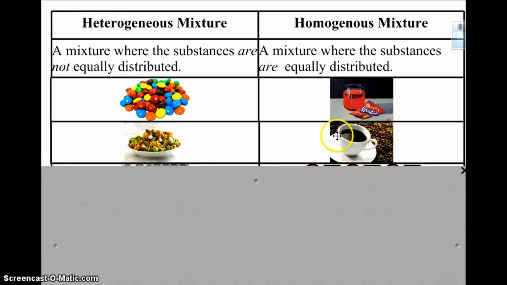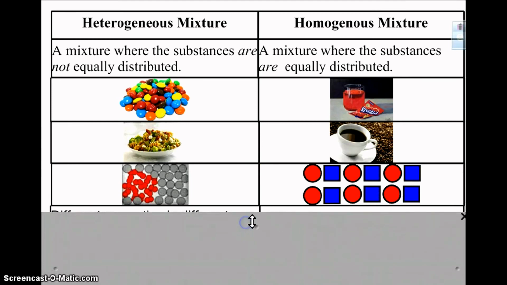On the other hand, coffee: the coffee particles are evenly mixed into the water, and because of that even distribution, it is a homogeneous mixture.